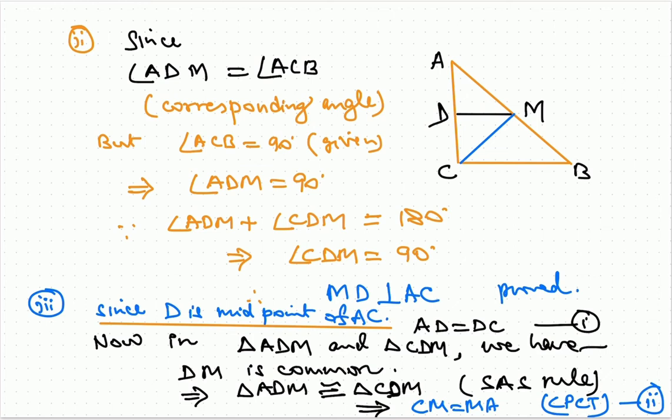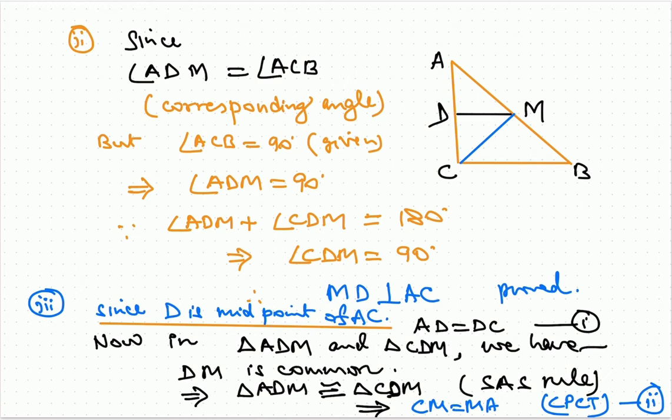Now summing these two angles, ADM plus CDM equals 180 degrees. Therefore, angle CDM equals 180 minus ADM, that is 180 minus 90, equals 90 degrees.